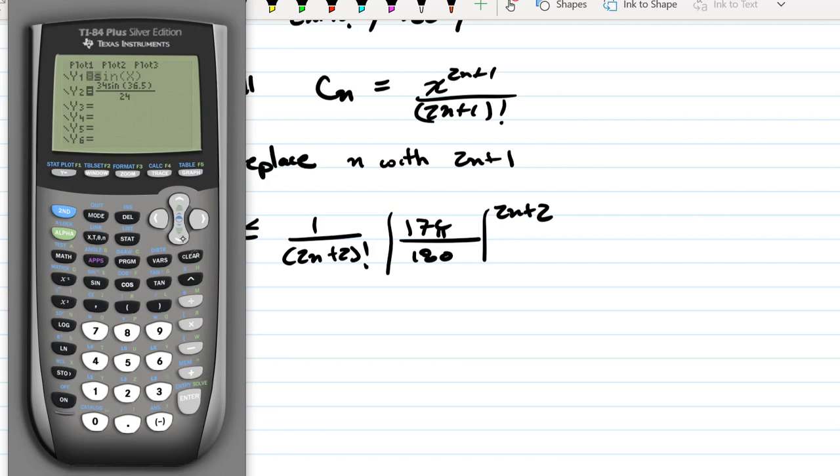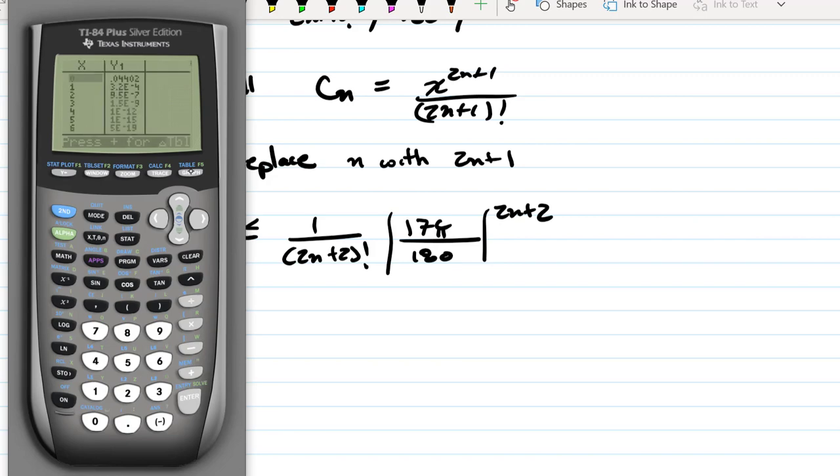So we go y equals, and let's go ahead and put this in. So 1 over 2x plus 2 factorial, so we go math, 4, times parenthesis, alpha y equals, 17 pi over 180 all raised to the 2x plus 2.